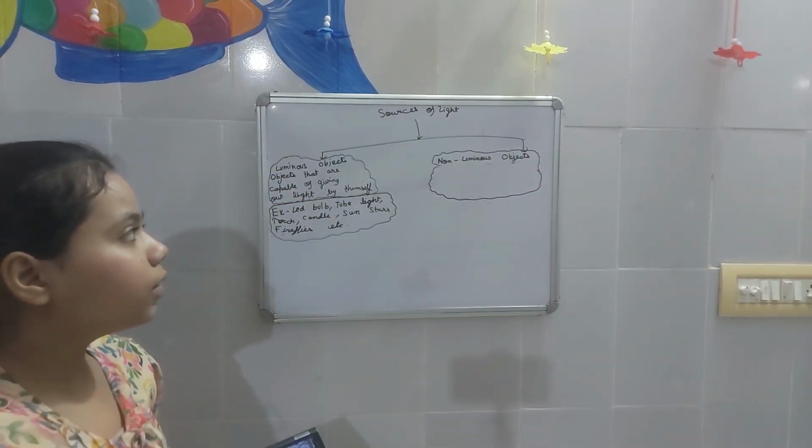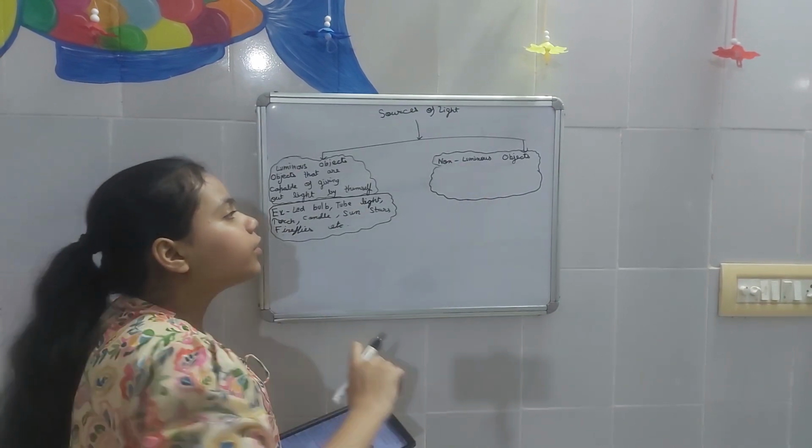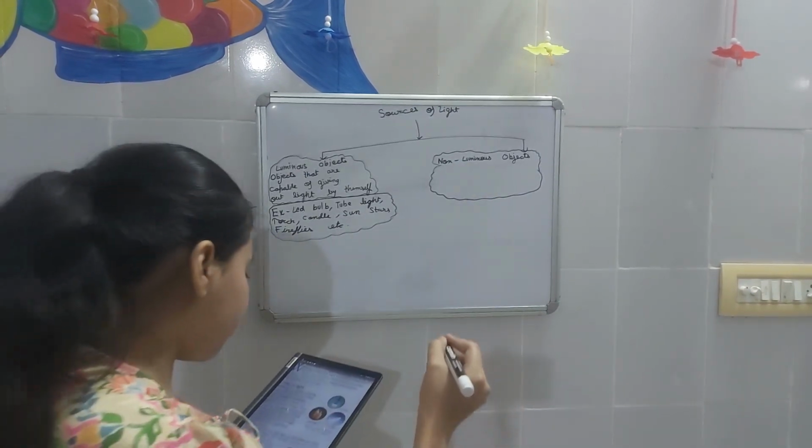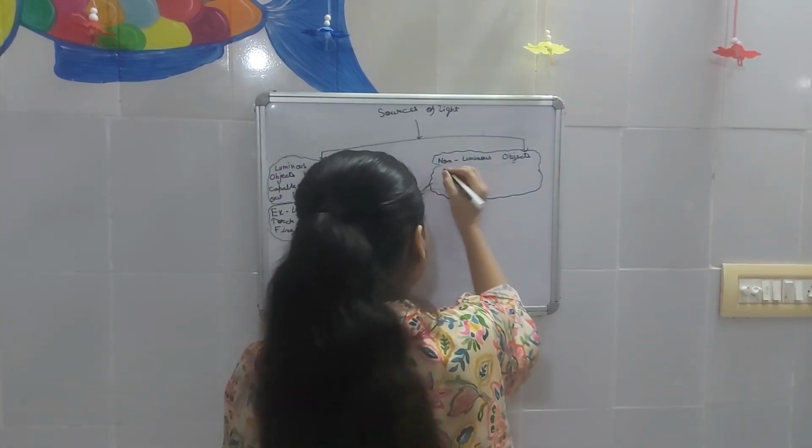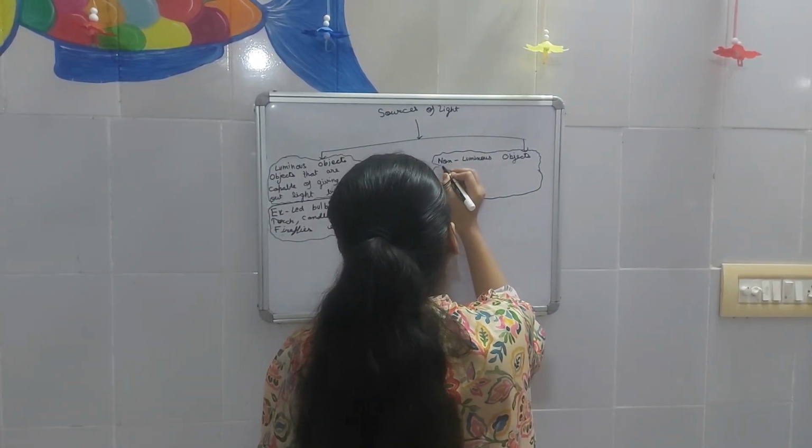Okay. So now let us write the definition of non-luminous objects also. So what can be the definition?